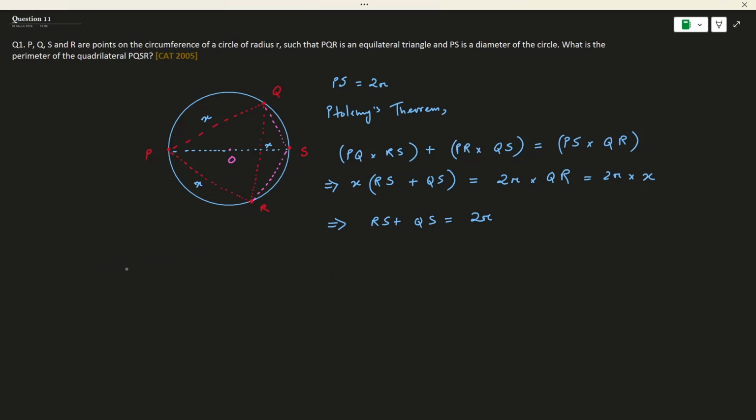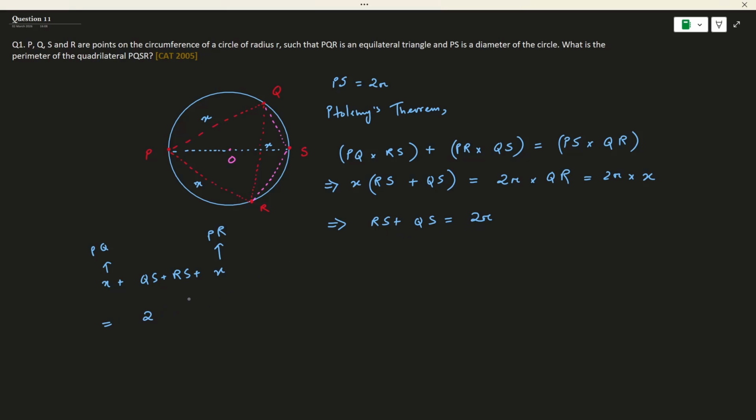So what is the perimeter? Now I have to find X plus QS plus RS plus X. This X is for PQ and this X is for PR, and I have QS and RS. So the perimeter is 2X plus QS plus RS.